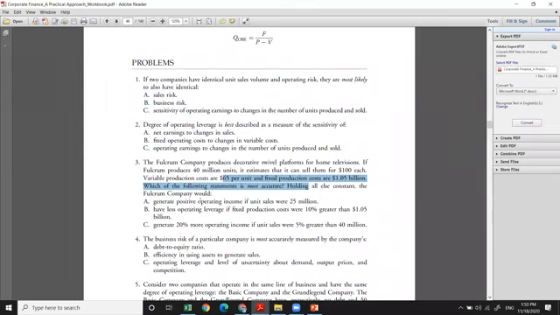Generate positive operating income if unit sales increase by over 25 million, have less operating leverage, and 10% greater than this generates 20% operating income growth. So basically we're dealing with DOL, degree of operating leverage.